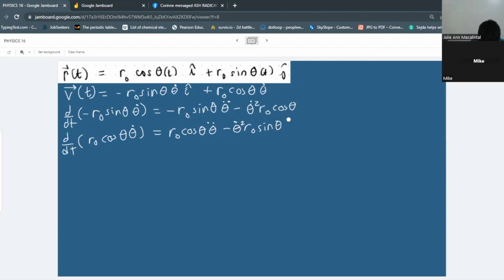Now, set it up. What is the acceleration? Acceleration, in component form. So, next line. Substitute that in.